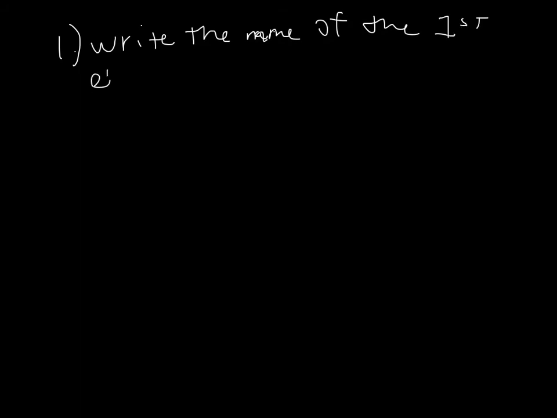And those would be, first, we just write the name of the first element. Then, if the symbol is followed by a subscript of 2 or more, we use a prefix to denote that number.